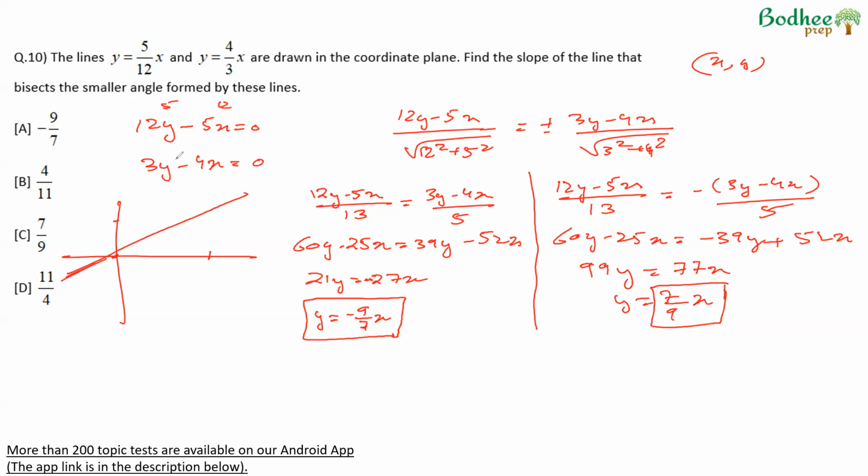Somewhere here. 3y minus 4x will also pass from 0, 0. When x is 3, y will be 4. It will pass from somewhere here. This will be the acute angle bisector.